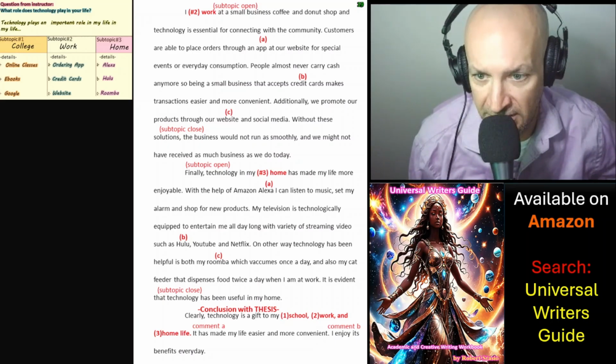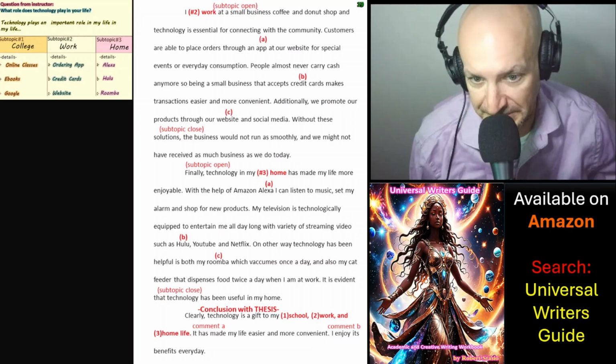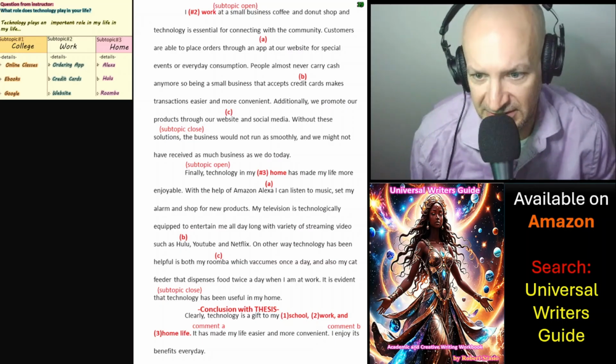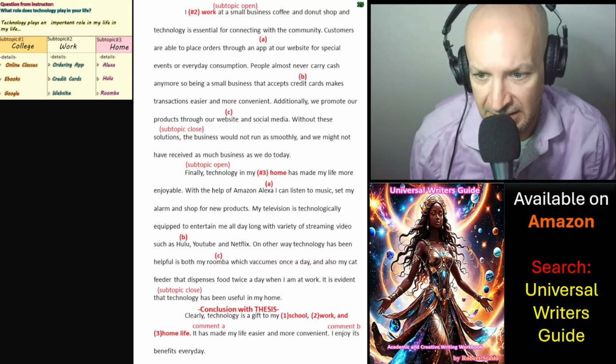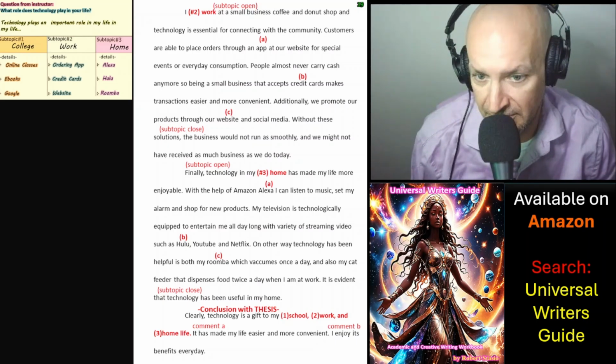And one other way technology has been helpful is both my Roomba, which vacuums once a day, and also my cat feeder that dispenses food twice a day when I'm at work. It is evident that technology has been useful in my home. Subtopic close. All right, the home paragraph, points A, B, C, and then we reassert that technology has been useful in the home.